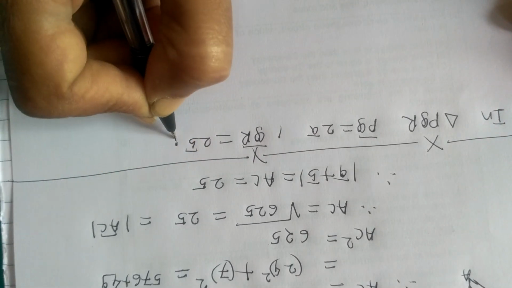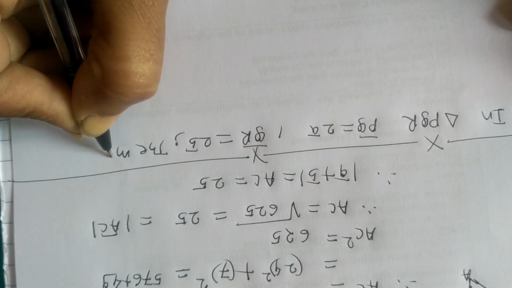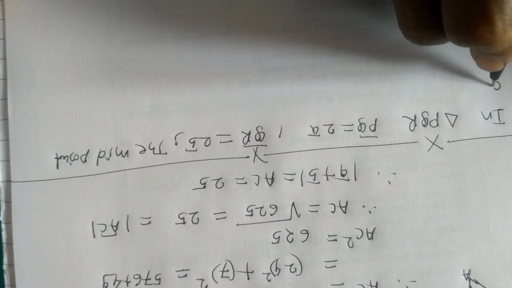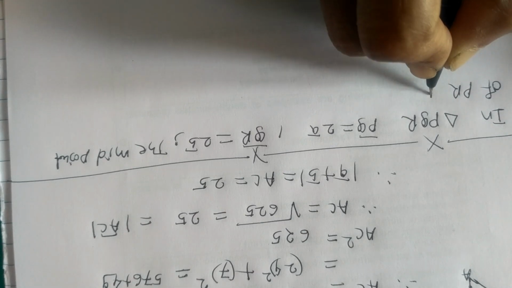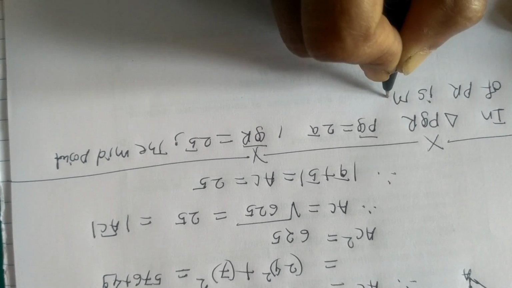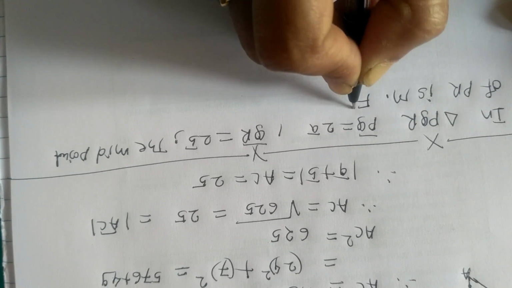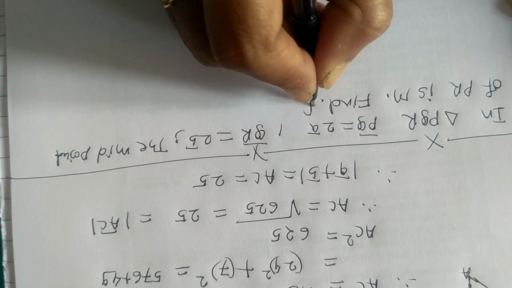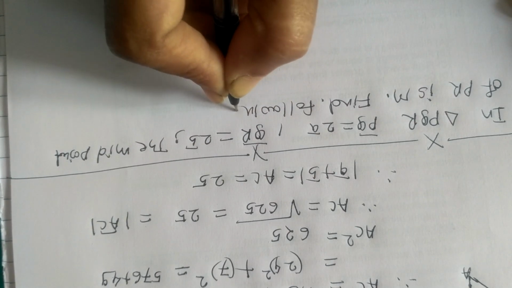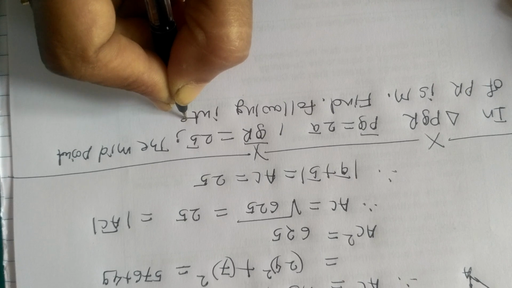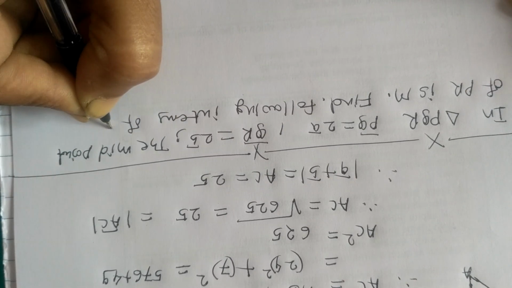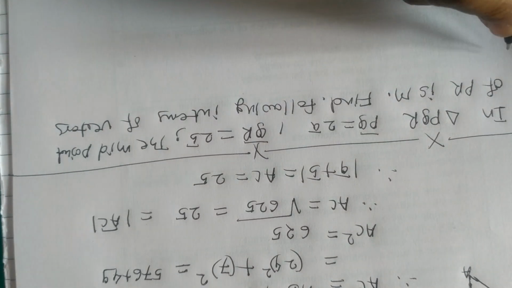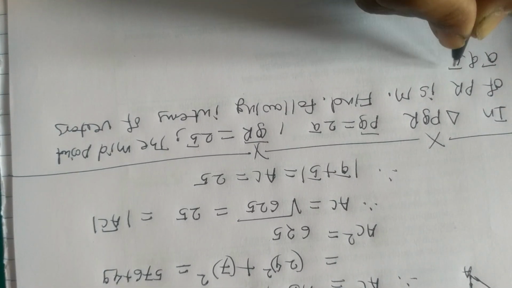Given the midpoint of PR is M, find the following in terms of vectors A bar and B bar.